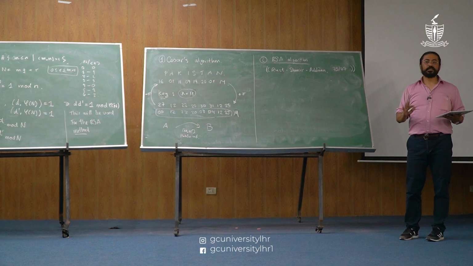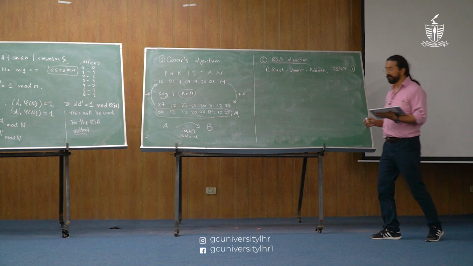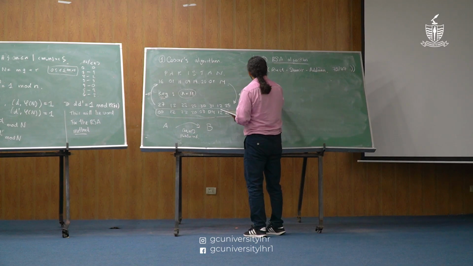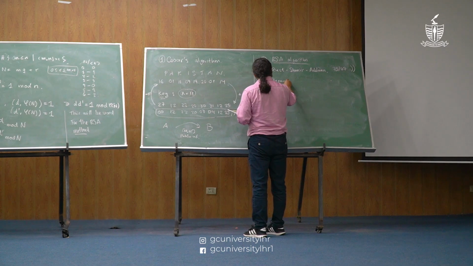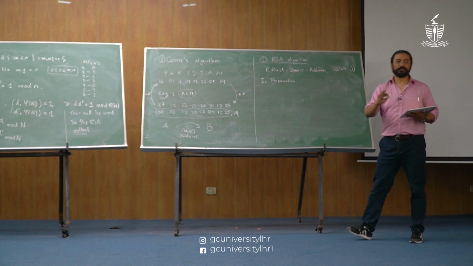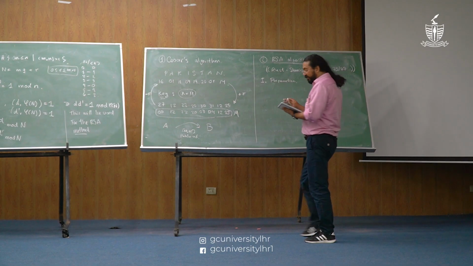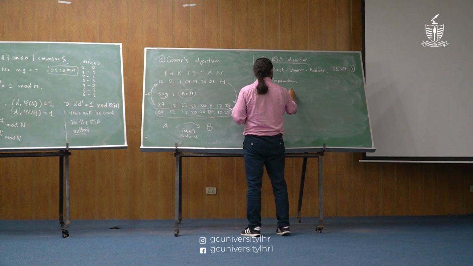So, first, we need to prepare the method. We need to prepare the algorithm, okay? Preparation. This is like a recipe, okay? So first, choose two primes.